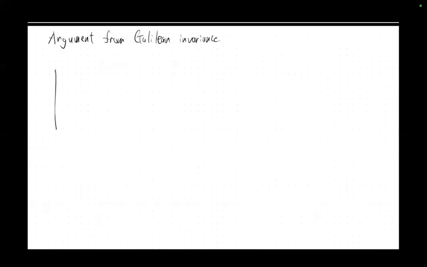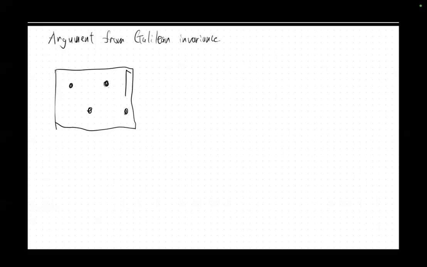So how do we do this? Let me first start with a collection of electrons, let me apply some electric field. E is equal to minus velocity times B. And when I do this, it induces current because there's a Hall response.